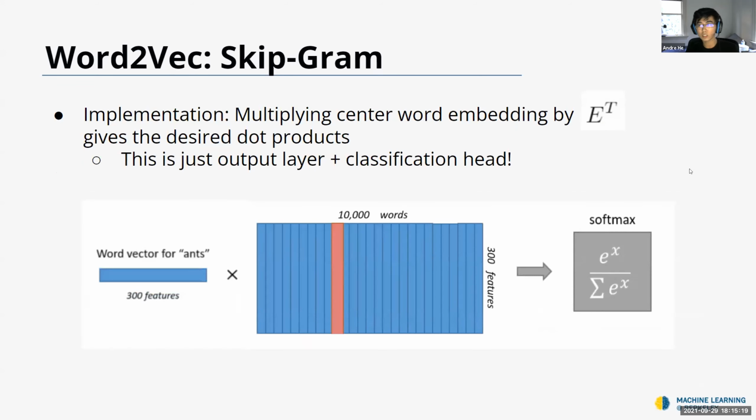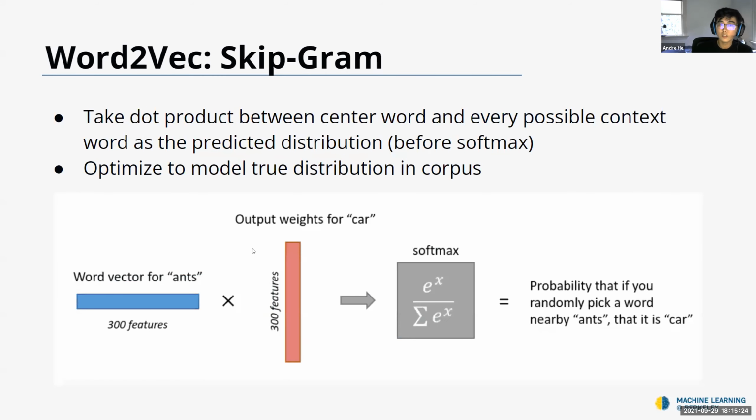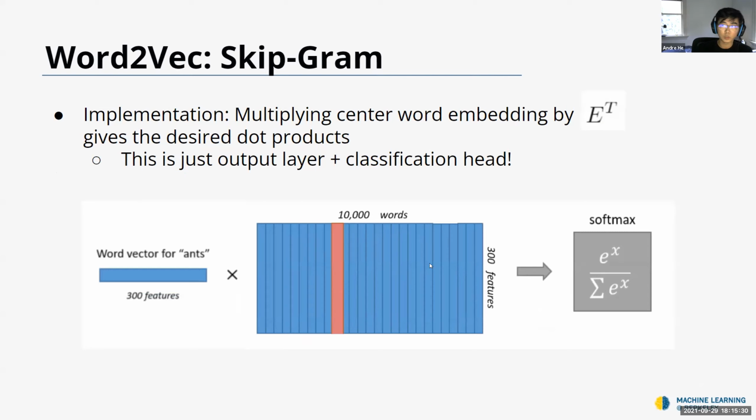And in the actual implementation, it can be sped up much more than just computing these pairwise dot products, because when you multiply matrices, you're also taking a bunch of dot products, right? So there's a way to align it so that in the matrix product, you're actually computing all the dot products that you want.